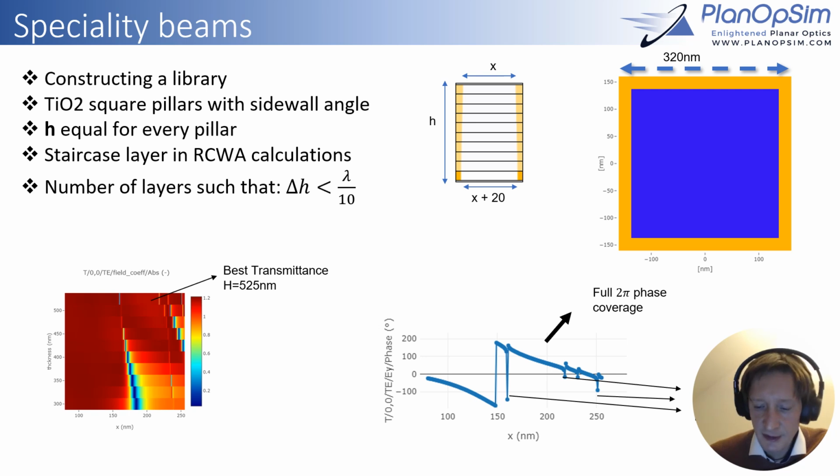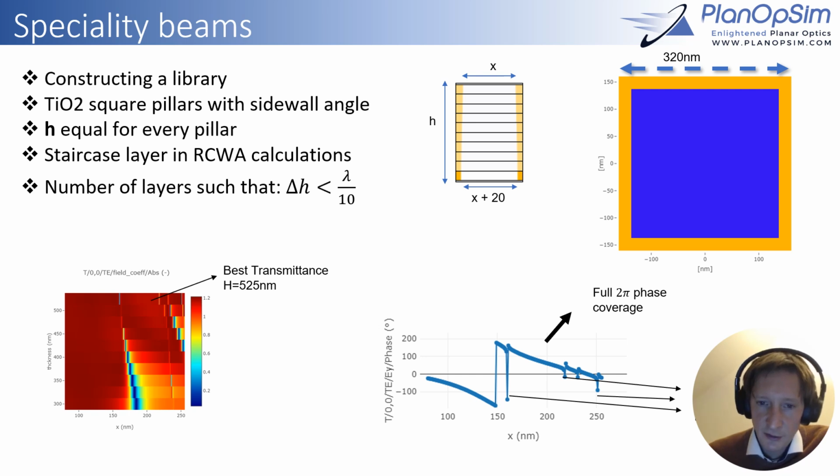Can we now create such a component? Well, let's use the propagation phase in this case. So we make a library here of titanium dioxide structures optimized for high transmission here with a height of 525 nanometer and a phase retardance going from 0 to -180 and back down. So to control the phase.